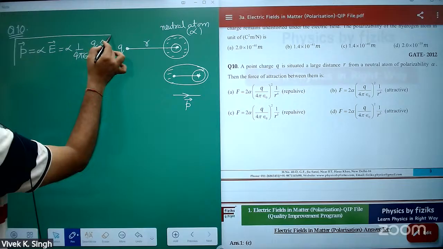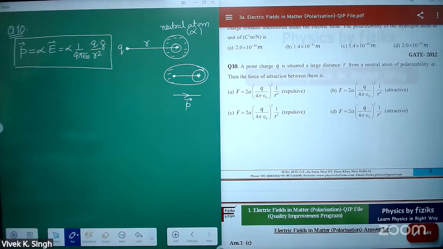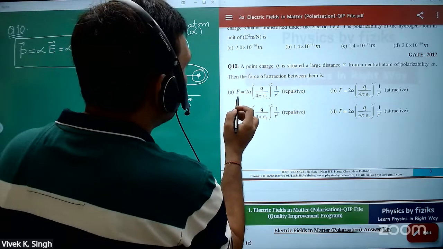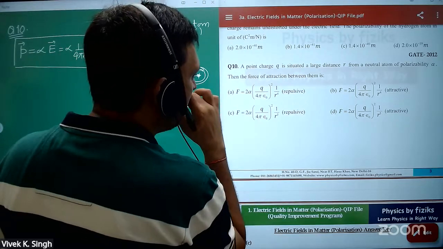This will be the dipole moment. Is it clear? And you have to find the force of attraction between them.